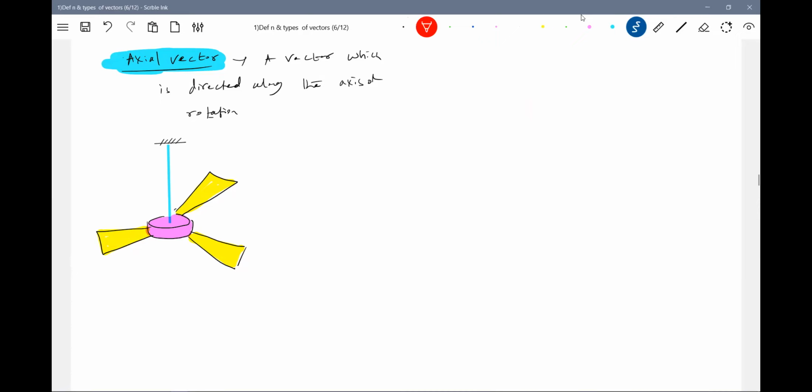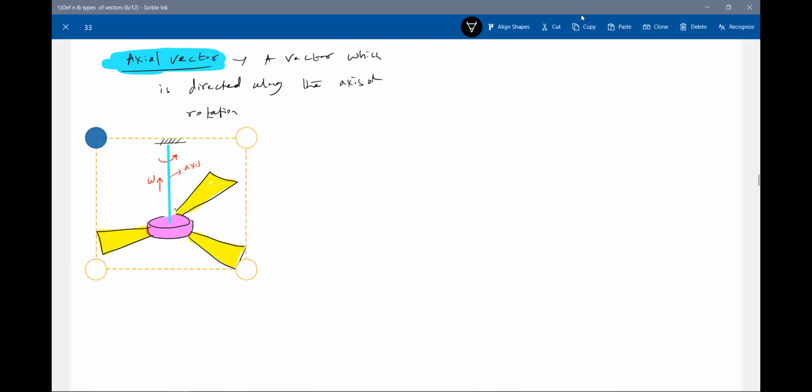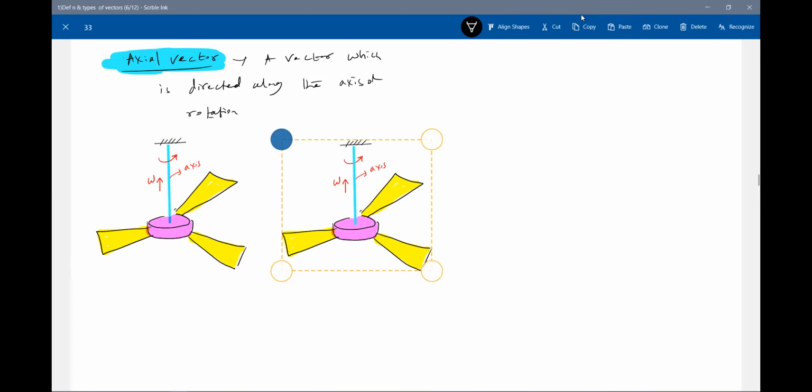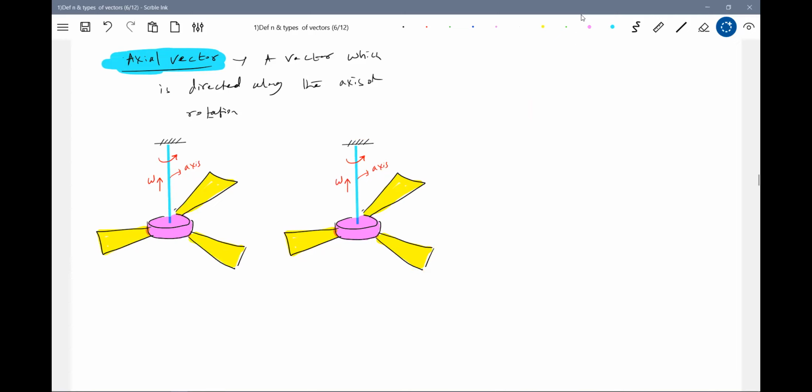This will be the sense of rotation, and omega will be directed along the axis. What is the axis? This will be the axis. About this axis, the fan will be rotating. We do have many axial vectors, but we are at a very nascent stage, so let me stick to only the few primary things.